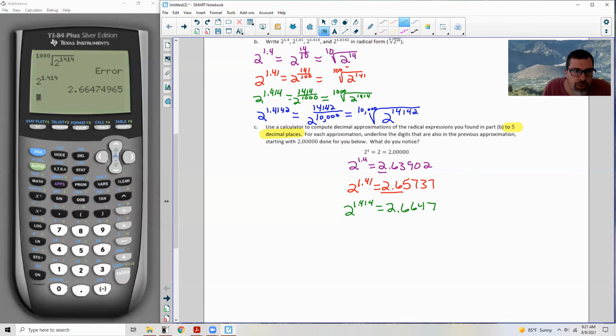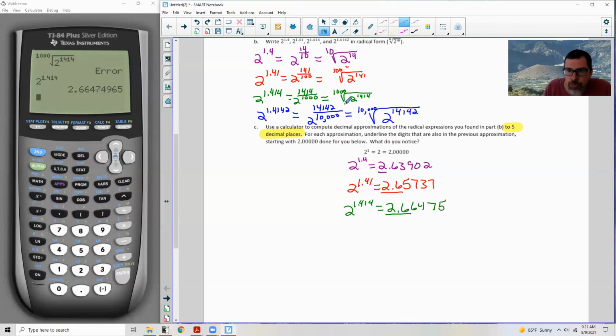Okay, 1, 2, 3, 4. The 5th one's a 4, the 6th one's a 9, that would round to 5. 2, 6 is still the only thing that repeats. 3 became 5, 5 became 6. So I'm still only underlining 2 there.